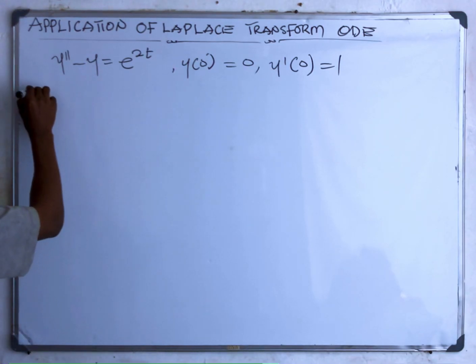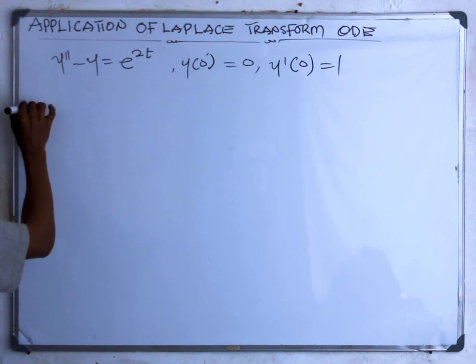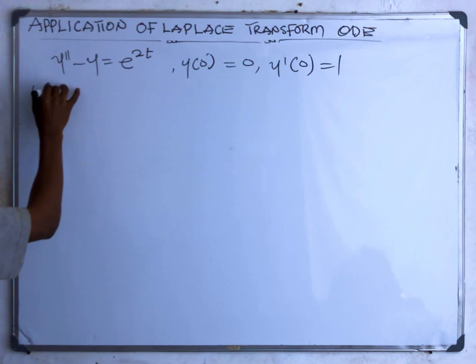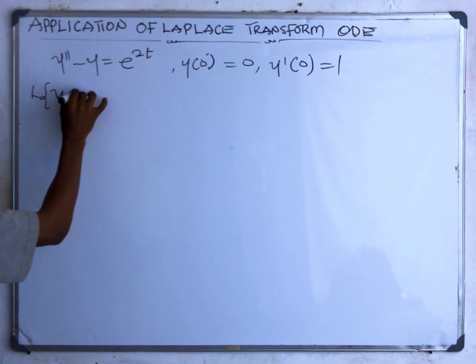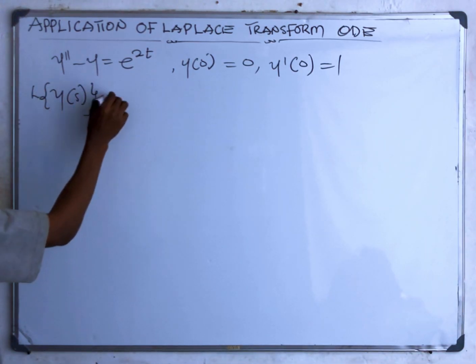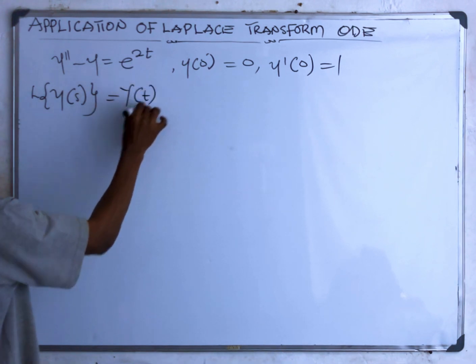First, we know that if I transform y, it becomes Y of s.